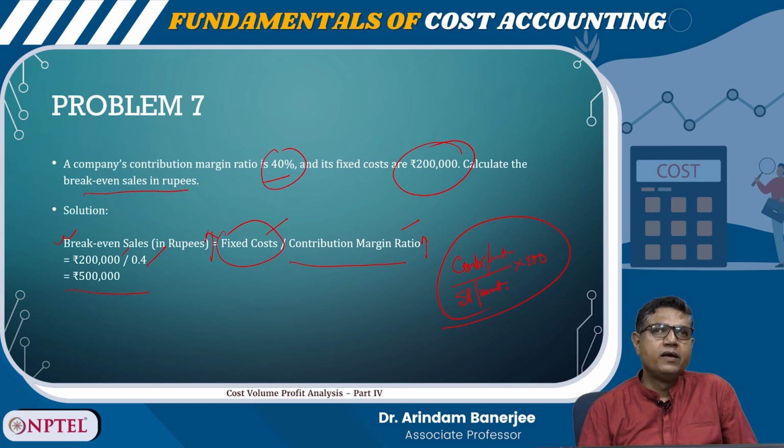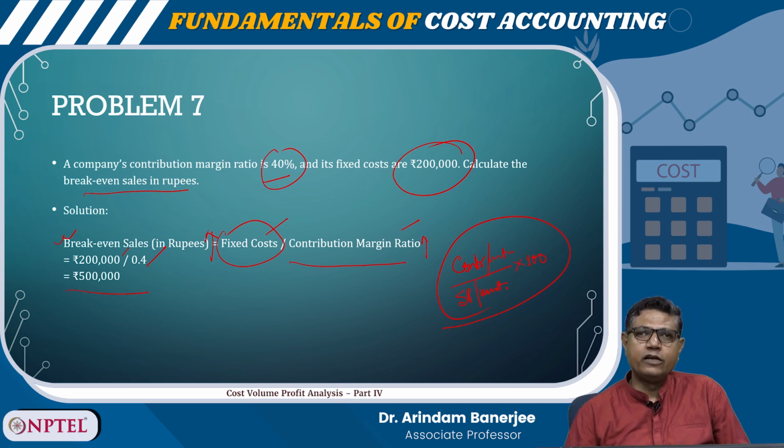Why? Because even if the production level changes in the short run, the company may not be able to terminate their services and reduce the employee cost. So, it is a kind of fixed cost. The other way is they can employ casual workers on daily wages. On daily wages, if the production level falls, they can reduce their employee cost proportionately.